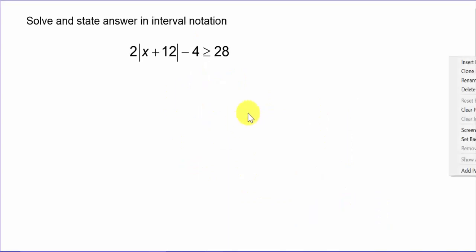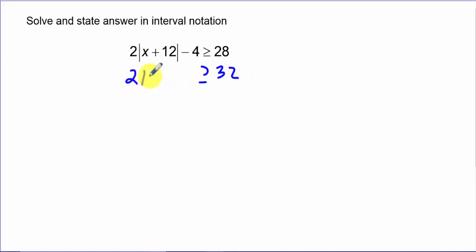Last one, it's got a whole bunch of other stuff in the problem. I'm going to isolate the absolute value first. So bring the 4 over, get my 32, divide, 16.